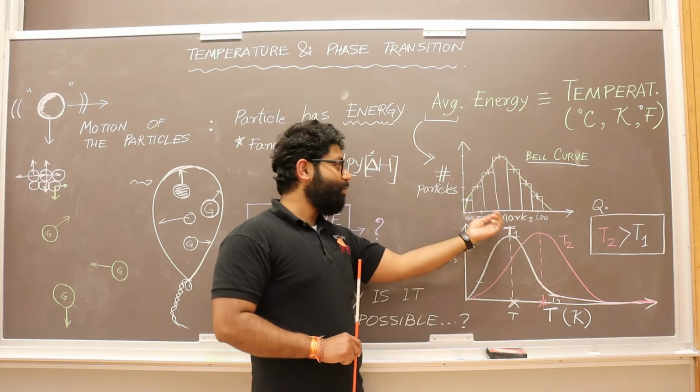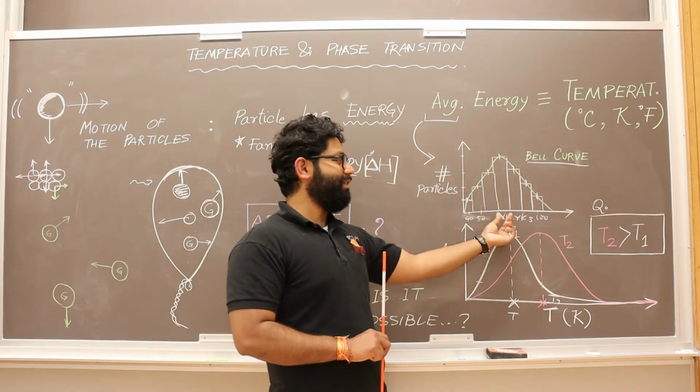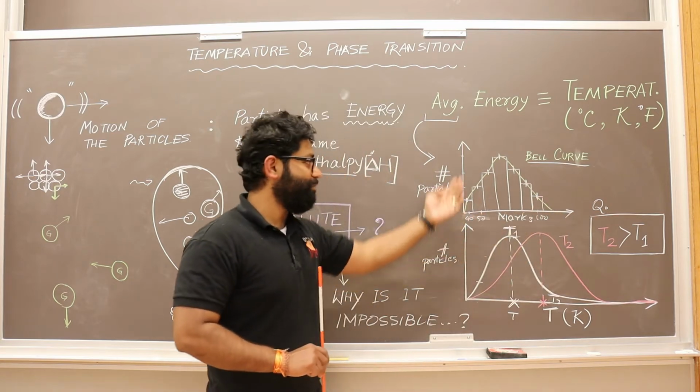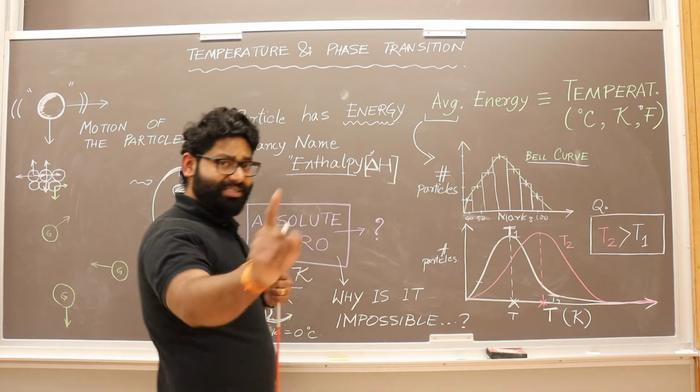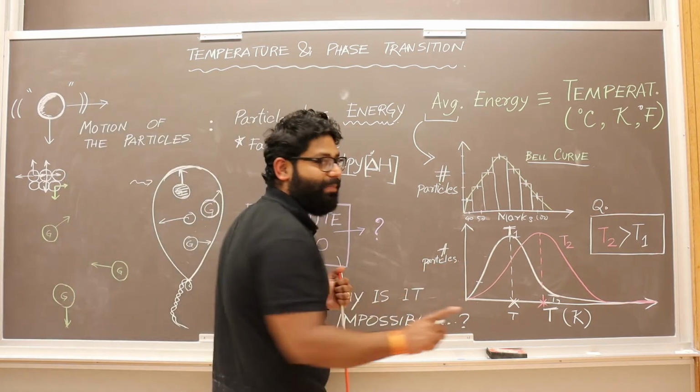There will be some students who have a number below the average, and some students who will have a number above the average of the class. But you measure all of them, you plot it, you get a bell curve. We'll do the same thing for the gases, for the particles in here, and we'll plot a bell curve.